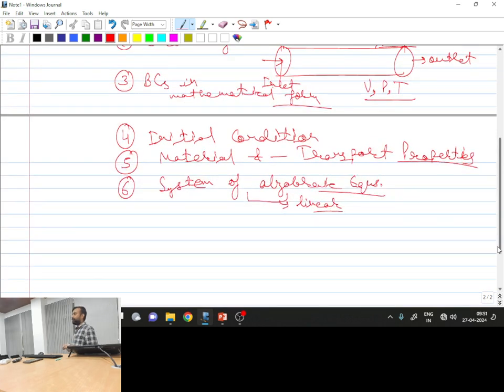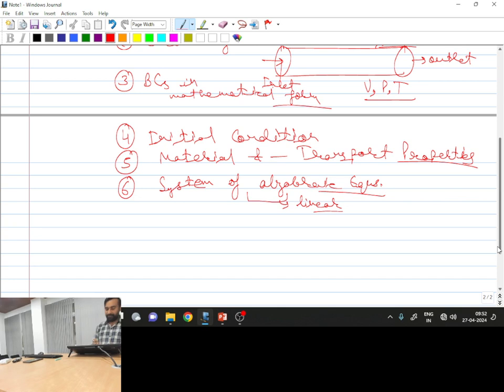If we have a linear system of algebraic equations, then we know that we have different methods: direct methods such as the Gauss elimination method, and iterative methods such as the Gauss-Seidel method, Jacobi method, algebraic multigrid method, conjugate gradient method. So a large variety of methods are available for solving these linear systems of equations.